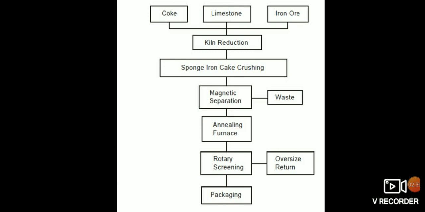Total reduction time is of the order of 24 hours at a reduction temperature of 1200 degrees centigrade. The limestone serves to bind any sulfur in the coke and prevent it from contaminating the iron.